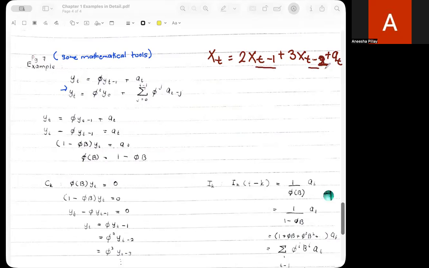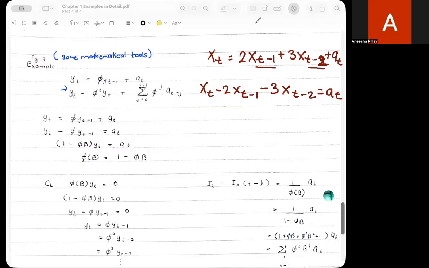Again, these are all based on previous observations, right? So if you move it to the other side, you have xt minus 2 xt minus 1 minus 3 xt minus 2 equal to at, correct?